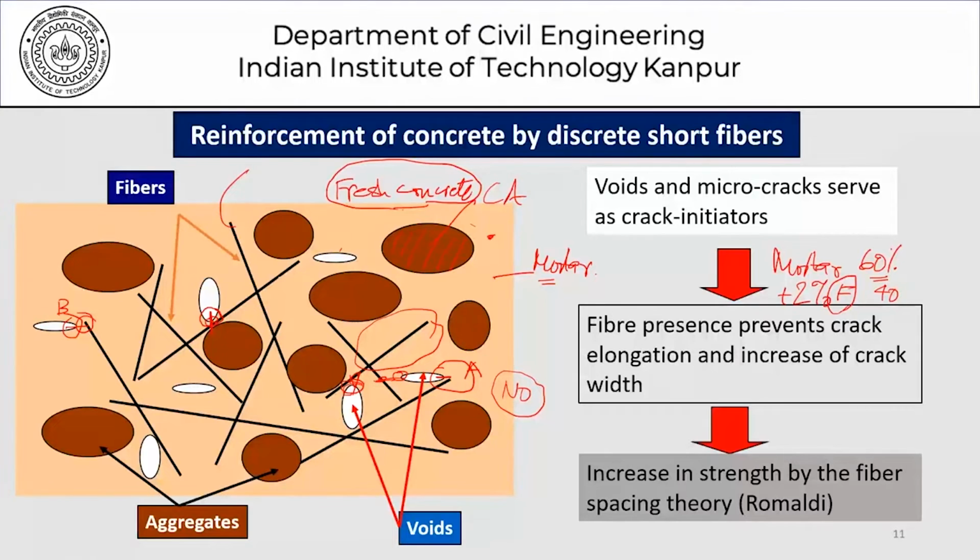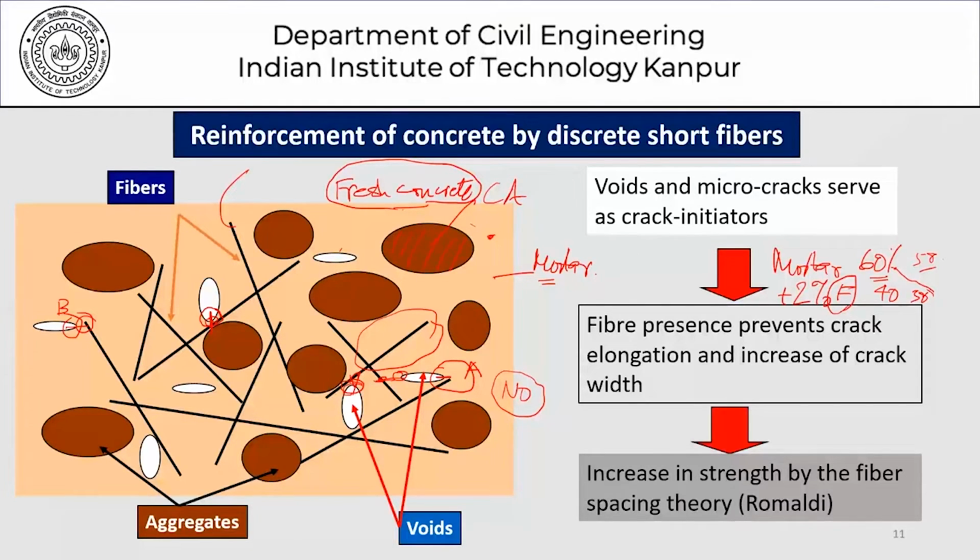Let's not bother about where the 2% will come from. I can make it 38, I can make it 58, whatever I want to do. Will this concrete with 38% coarse aggregate, 60% mortar and 2% fiber have the same properties as one which had 60% mortar and 40% coarse aggregates?